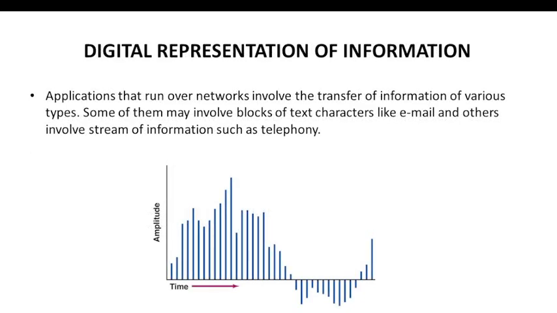Digital representation of information. Applications that run over the internet involve the transfer of information of various types. Some of them may involve blocks of text, like email, and others involve streams of information, such as telephony.